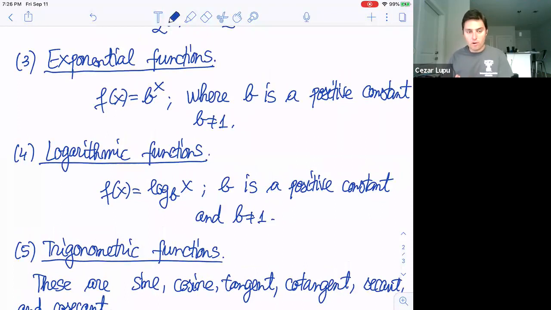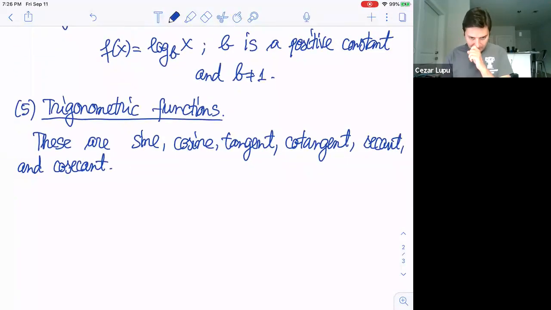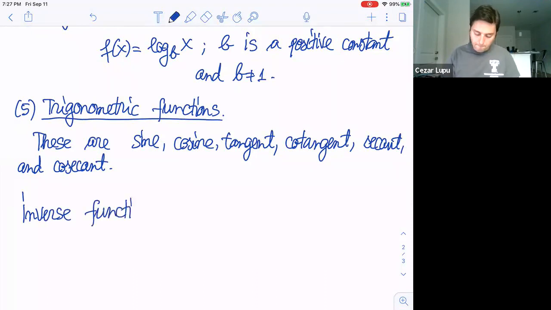for study later on. I would like to talk about something else, the inverse trigonometric functions. And we will talk also about the inverse trigonometric functions as well.